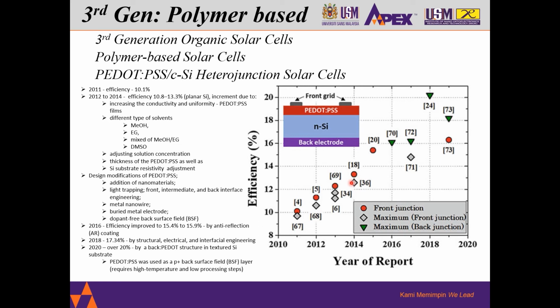There are a lot of design modifications, like the modification of PEDOT:PSS with the addition of nanomaterials, light trapping, front, intermediate and back interface engineering, metal nanowires, buried metal electrodes, and a dopant-free back surface field (BSF) layer, which have been employed for further improvement of the efficiency of these types of solar cells.